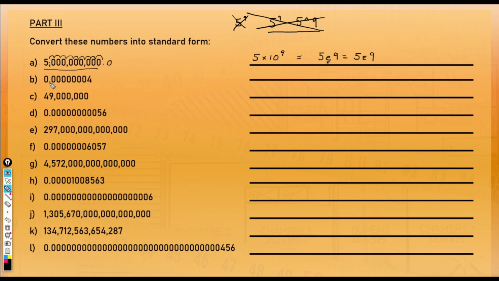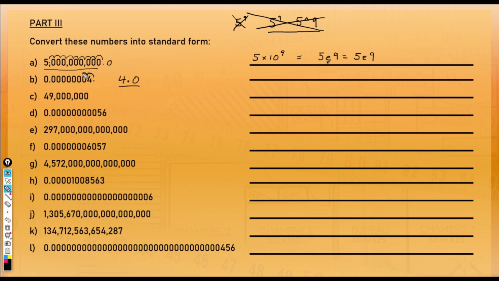Moving on to B now, this is 0.000000004. Okay, so we're going to start by making our number. If we put our decimal point after the first non-zero digit, our standard number is going to be 4, or 4.0 if you prefer. But to get back to our original number, we're going to be going left this time.